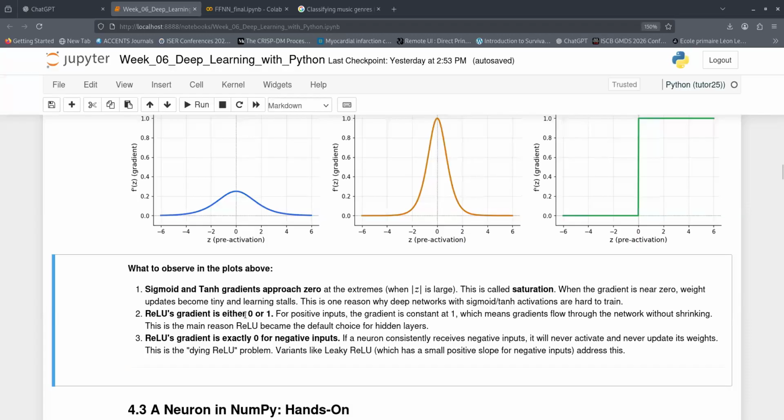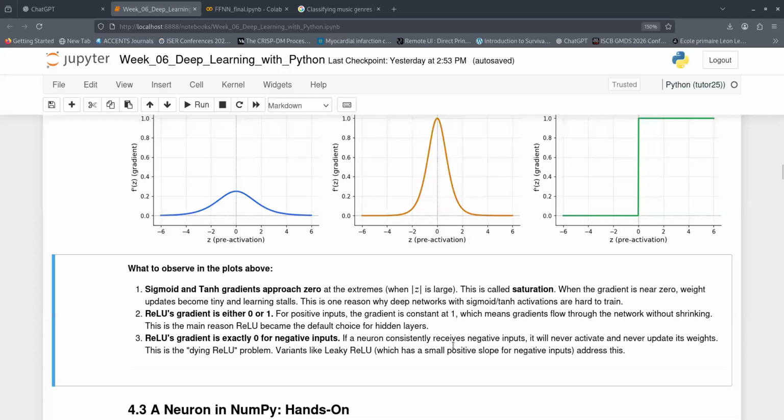And the ReLU gradient is either 0 or 1. For positive input, the gradient is constant at 1, which means the gradient flows through the network without shrinking. This is the main reason ReLU became the default choice for hidden layers. And the ReLU gradient is exactly 0 for negative input.